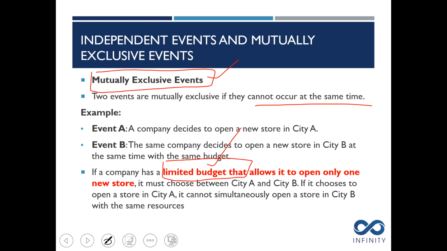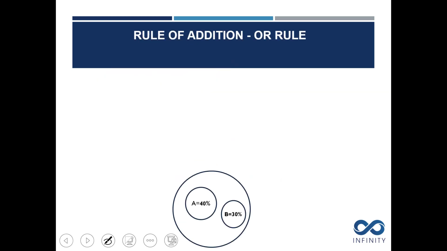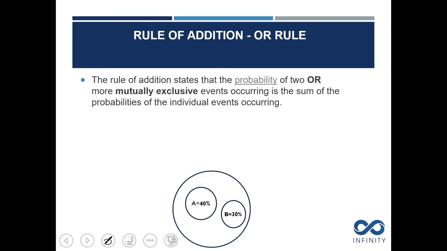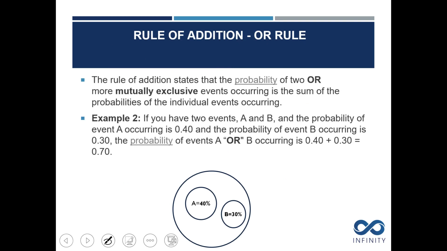We have to know this before we go into the addition and multiplication rules of probabilities. This is the rule of addition, or as we call it, the OR rule in probability. What does this mean? The rule of addition states that the probability of two or more mutually exclusive events occurring is the sum of the probabilities of the individual events occurring.